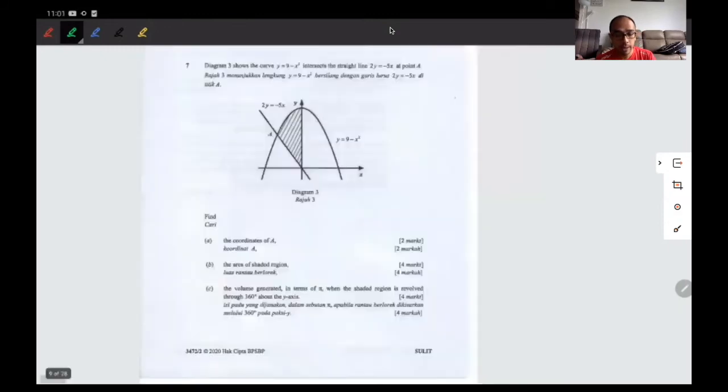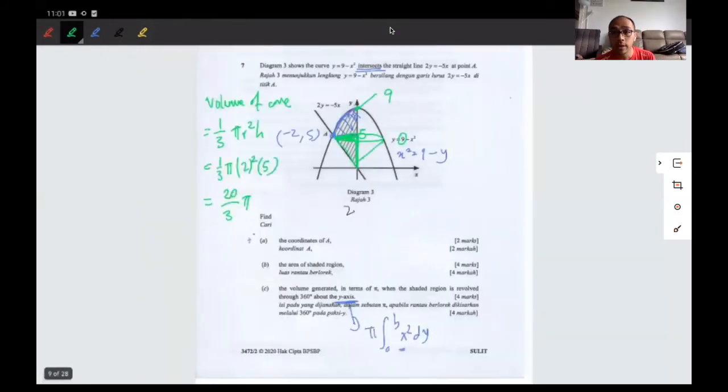As far as the difficulty of this question goes, this is a standard question. There's nothing special about it. If you have done enough integration questions, this question is pretty standard. Integration and differentiation questions require a lot of practice.